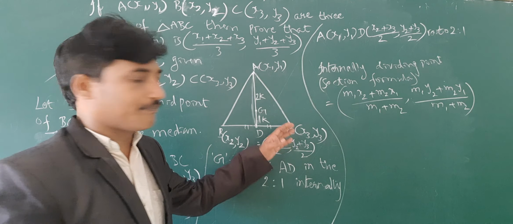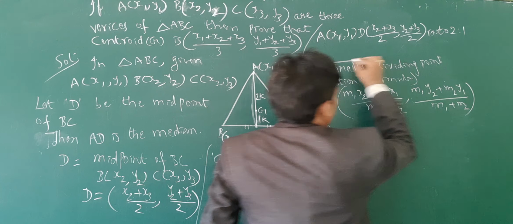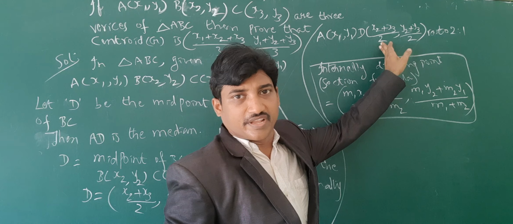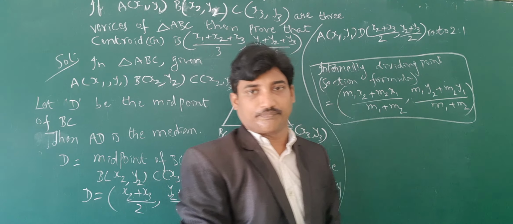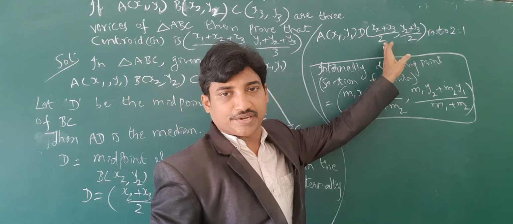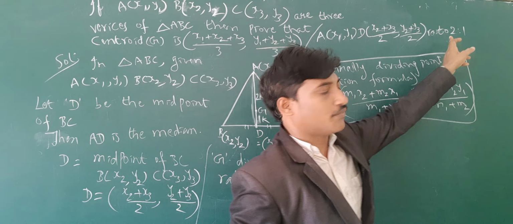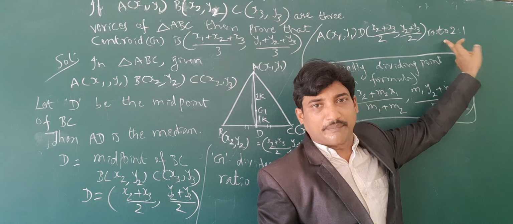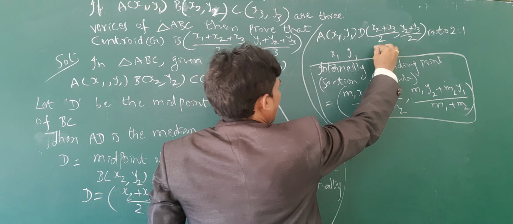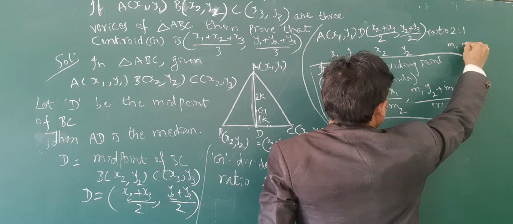Using this formula, we can find centroid Z. Centroid Z divides the join of AD in the ratio 2:1. For our convenience, compare these points with (x1, y1), (x2, y2) and the ratio m1:m2.